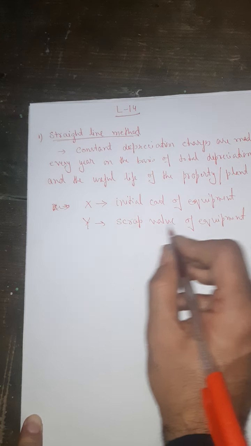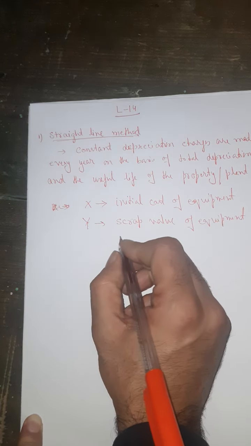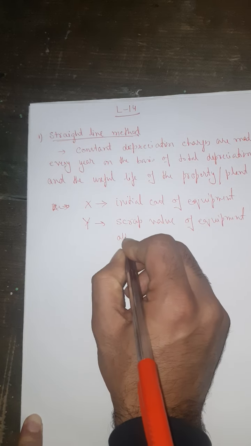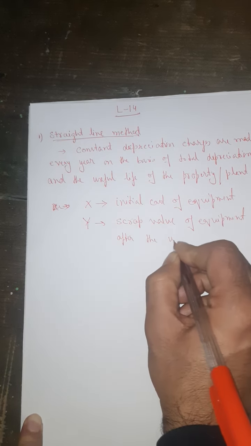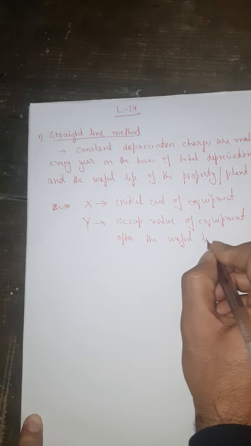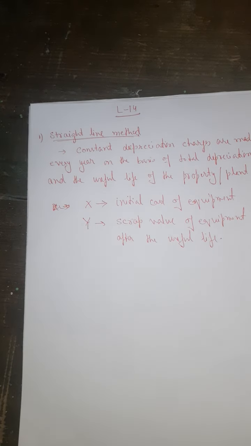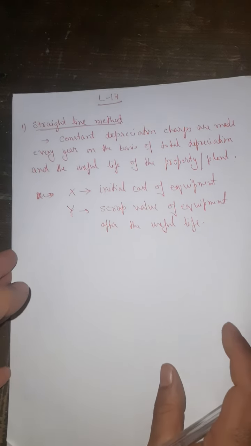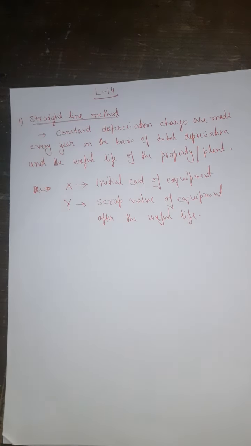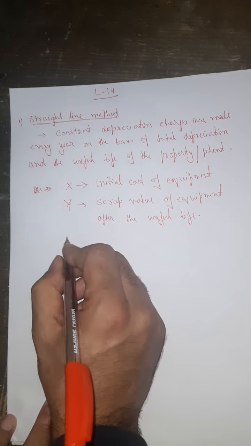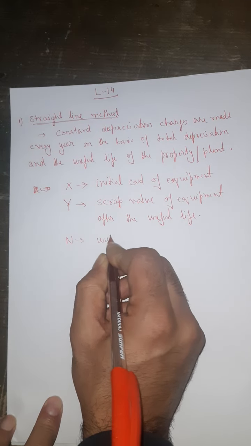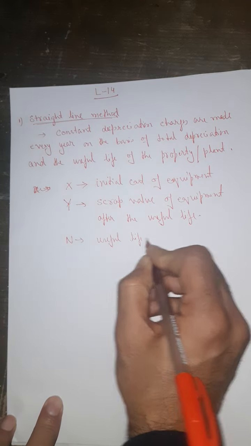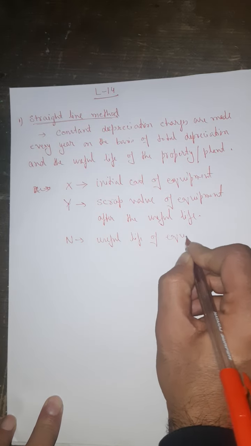Because if the useful life is over, these equipments are made of some metallic parts, so you can still sell them as scrap. And suppose capital N is the useful life of the equipment.